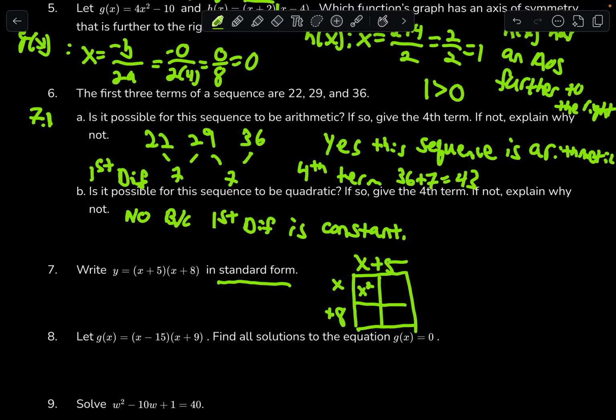X times x is x squared, x times 5 is 5x, 8 times x is 8x, and 8 times 5 is 40. And then you add up all the terms inside. So y would equal x squared, because that's by itself, and then 5 plus 8 is 13x plus 40. And that's the answer. That's the product of x plus 5 times x plus 8, this is standard form.